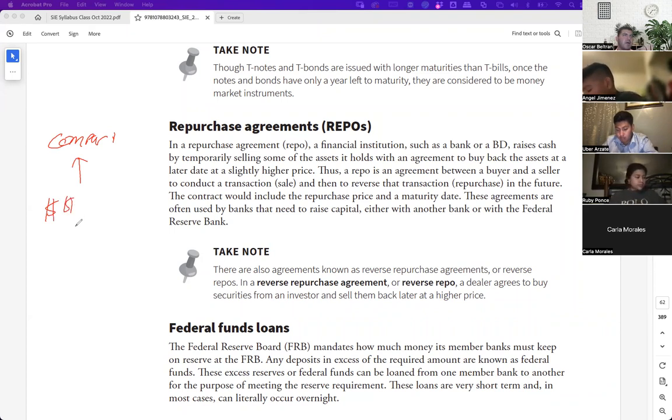And later on, I am going to buy it back at a higher price. That's all a repo does. So here it is: a bank or broker-dealer raises cash by temporarily selling some other assets it holds, with an agreement to buy back the assets at a later date at a slightly higher price. Very simple.